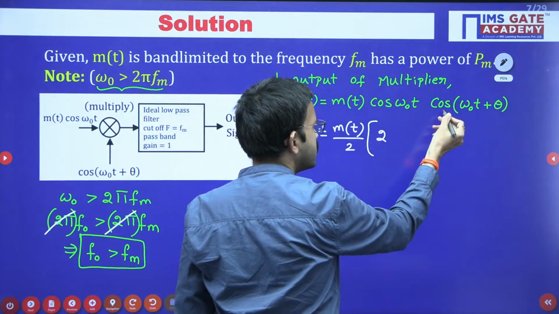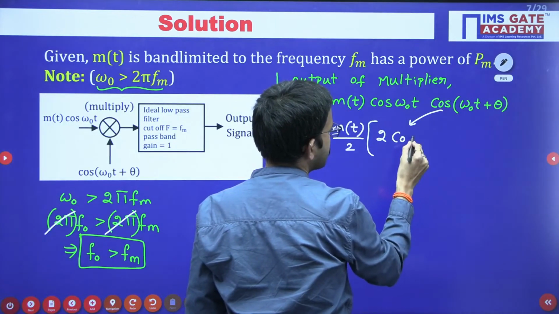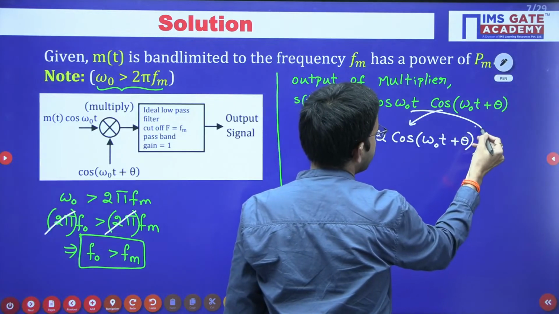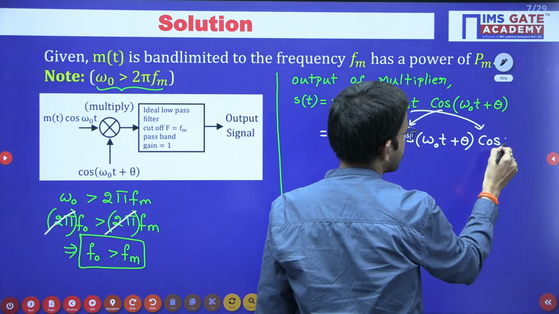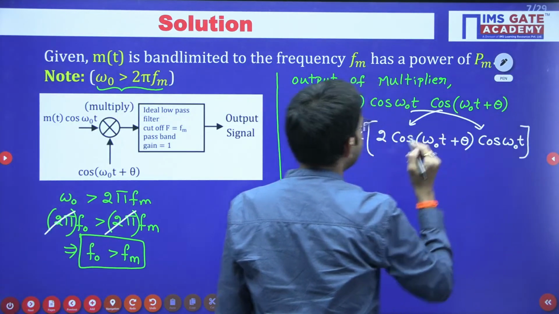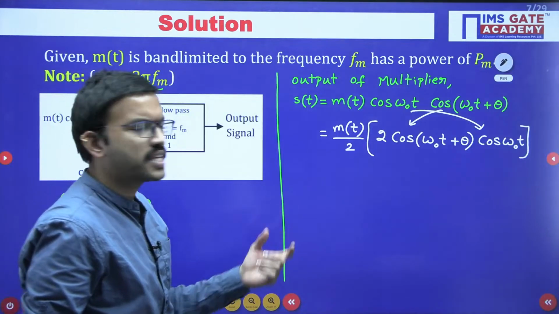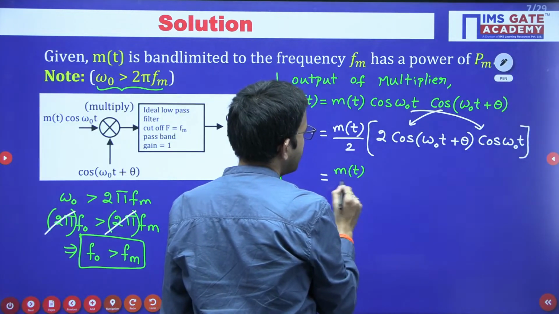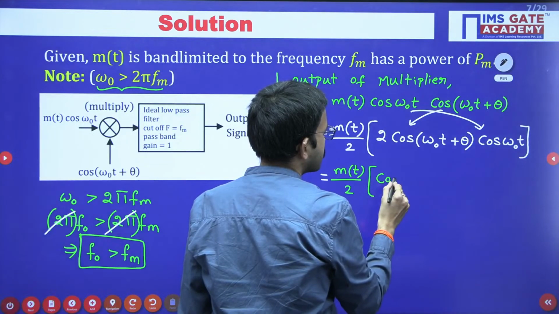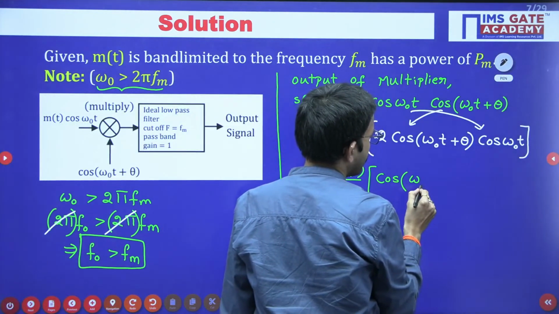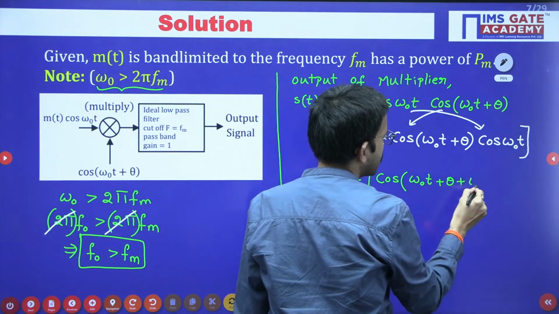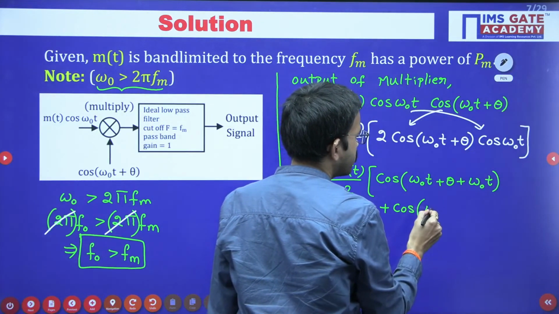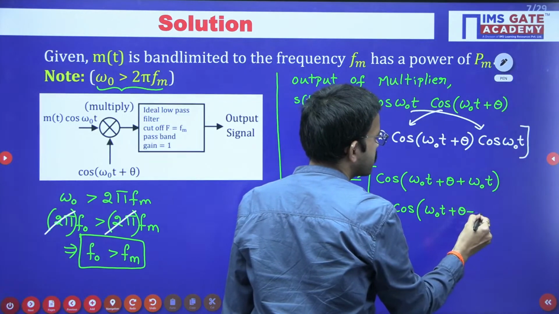For the time being I will write this term first, 2 cos A cos B, and this term I am writing here, that is cos omega naught t. 2 cos A cos B is nothing but cos sum plus cos difference: cos of omega naught t plus theta plus omega naught t, plus cos of omega naught t plus theta minus omega naught t.